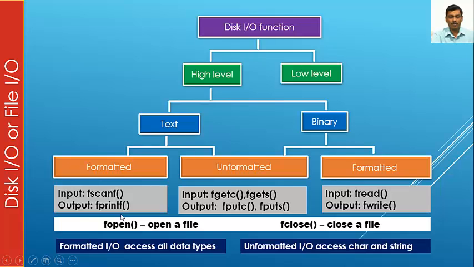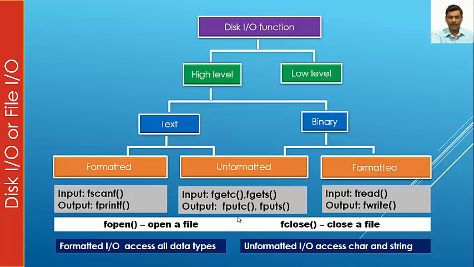So what is the processing of open? All files are stored in hard disk. If we want to open a specific file, it makes a stream between RAM memory, that is main memory, and hard disk. This is done by the operating system at the request of the compiler at the time of program execution. By using the fopen function, we can open a file. After opening, we can put data to the file or get data from the file. So fopen is essential.